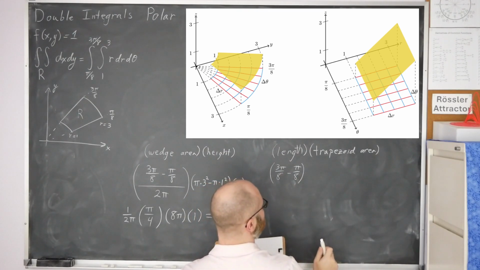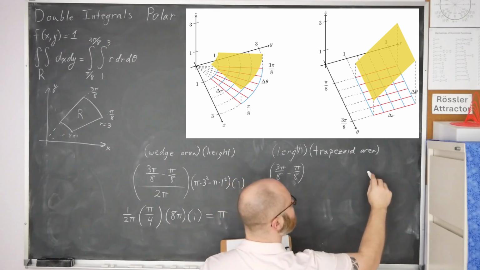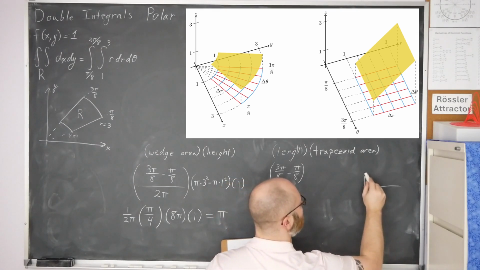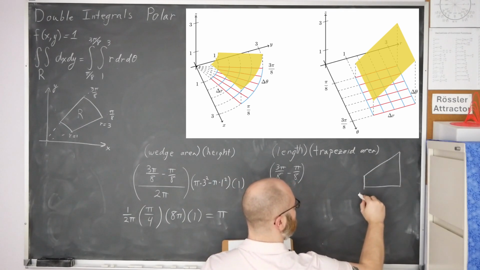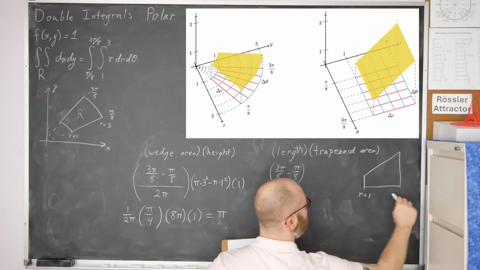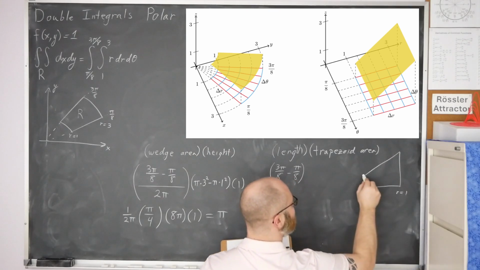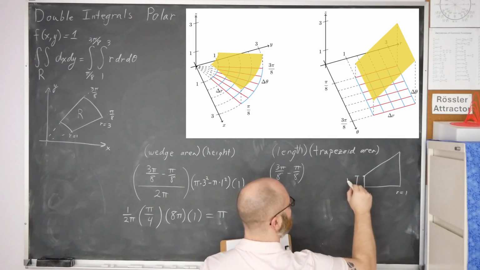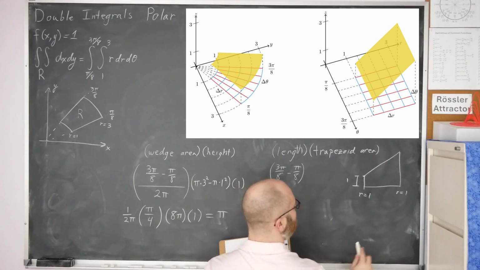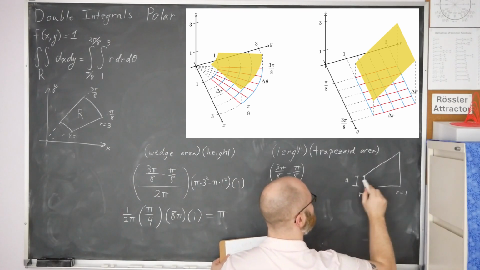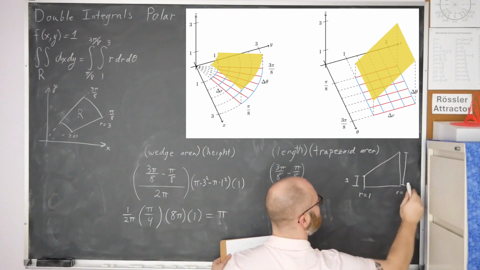Then the trapezoid area, so over here, our trapezoid. This is at r equals 1. This is r equals 3. And this has height of 1, because z equals r, it's height 1 there. Then over here, it has height 3. Oh, sorry, it's supposed to be a 3.